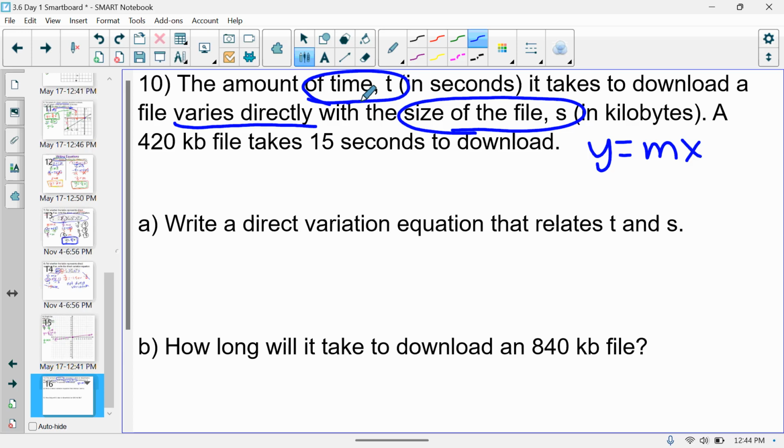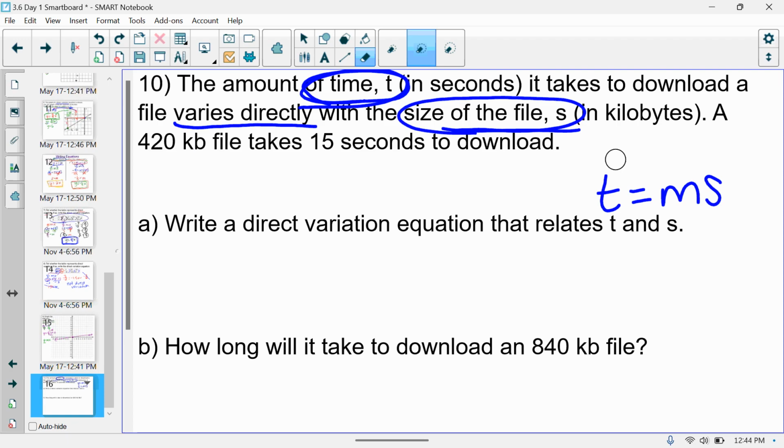But it says the time, t, so it doesn't want us to use y, varies directly with the size, s. So instead of using y equals mx, we're using t equals ms, okay? Because it says it varies directly, that's why we know it's going to look something like that when we write our equation in a minute here, okay?